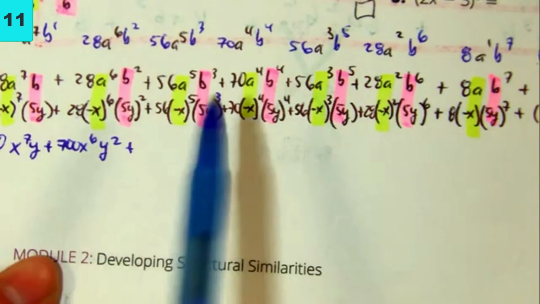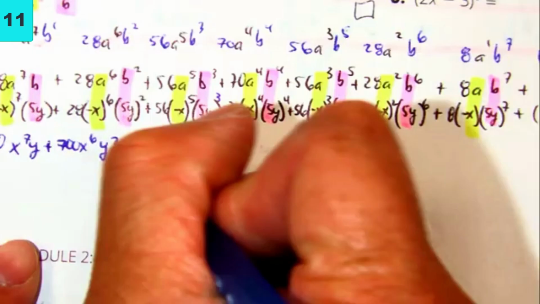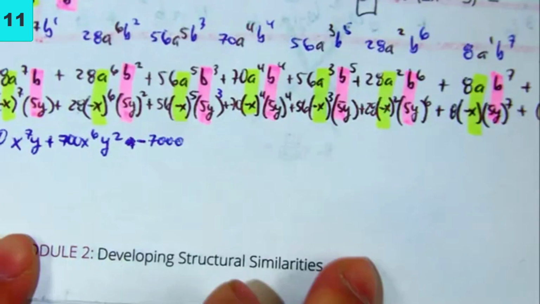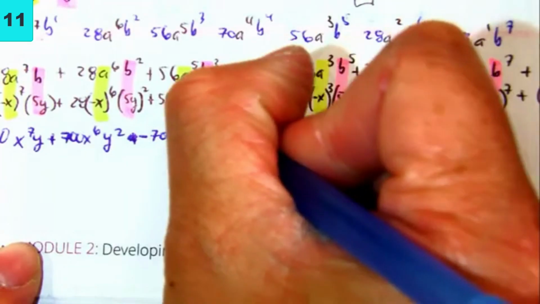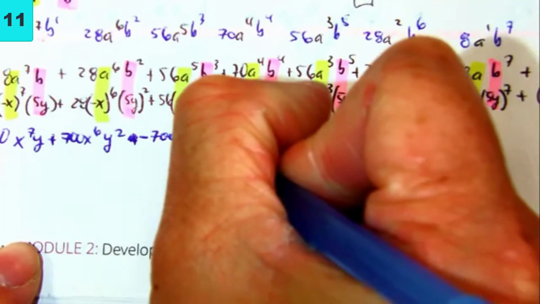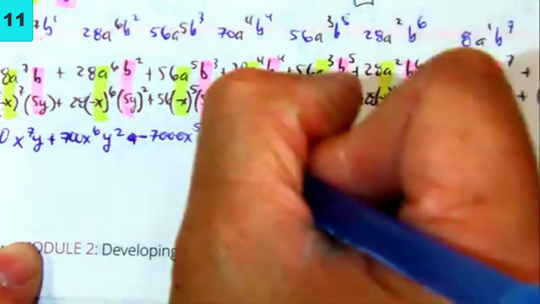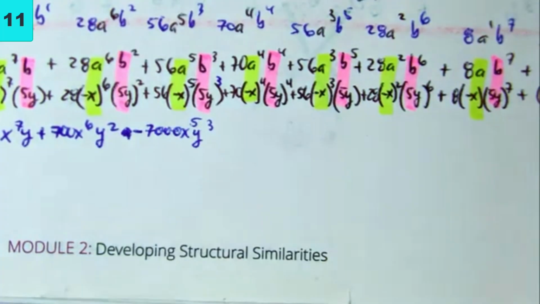Now, guys, look here. If this is going to be negative 7,000, I don't have a plus sign. So, negative 7,000. Darian, tell me the rest. X to the 5th. Y to the 3rd. Good job. Diana?